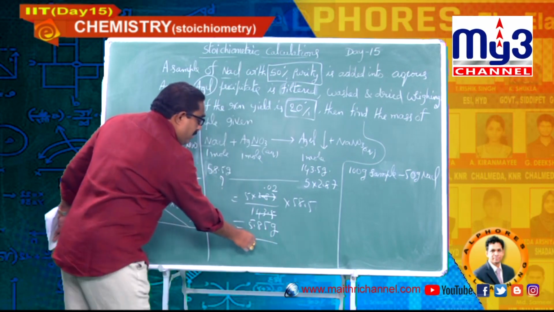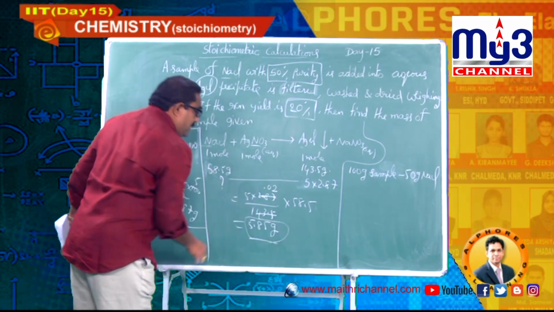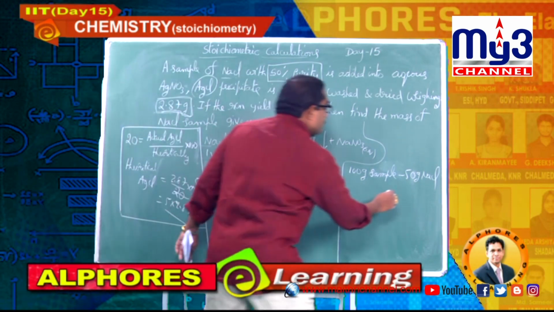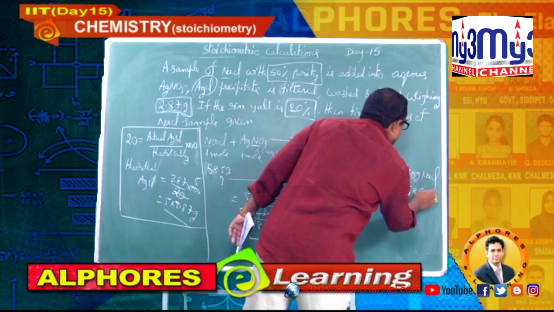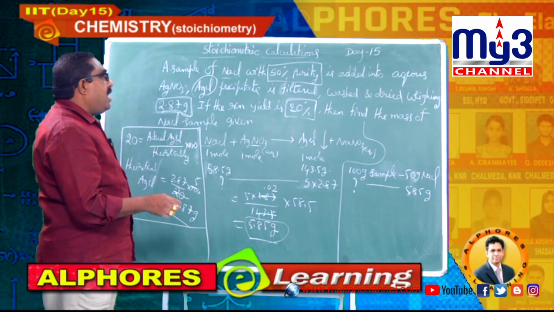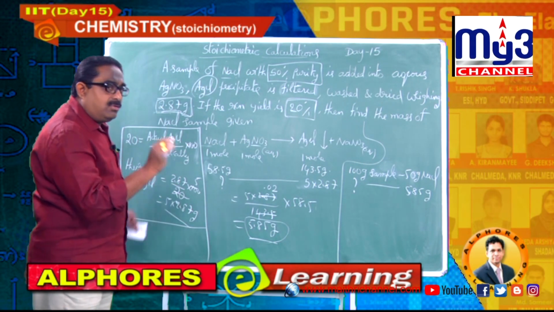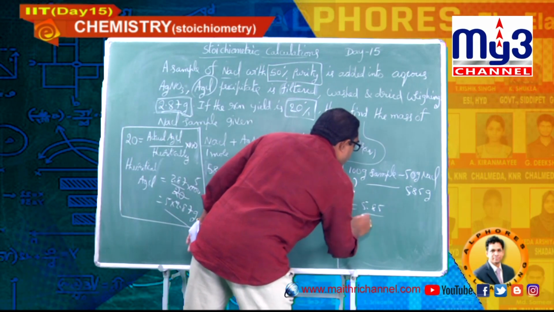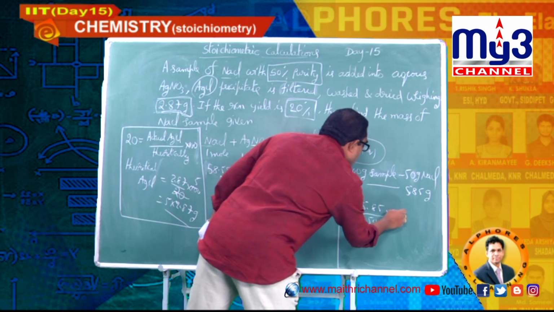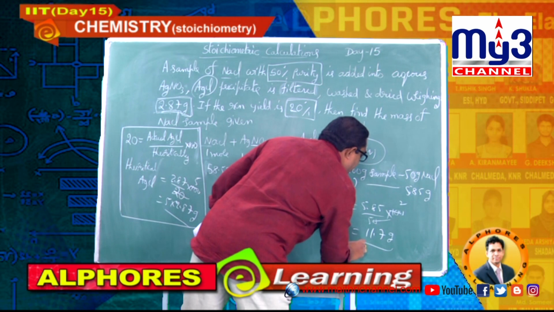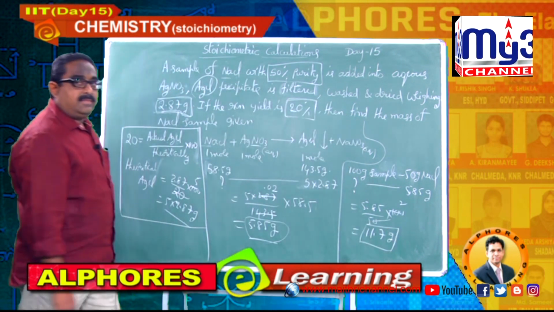Now, my requirement here is for sodium chloride only 5.85. So, if it is 5.85 grams, how much sample of sodium chloride do I have to take? That is 5.85 by 50 into 100. So, our final answer is 11.7 grams.